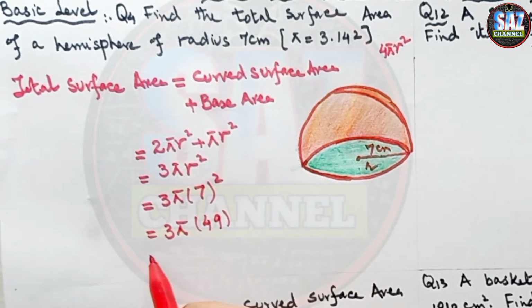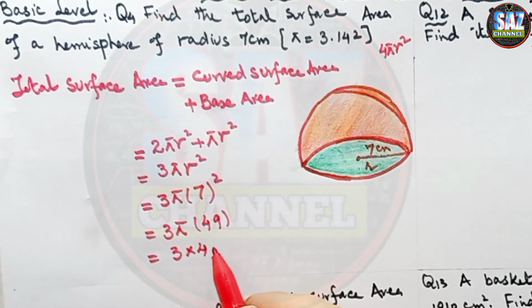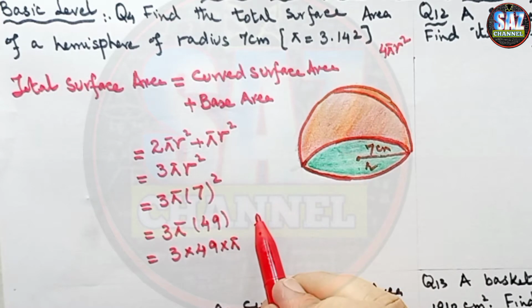and now I always ask my students to write the constants in the beginning and replace the value of pi at the end.